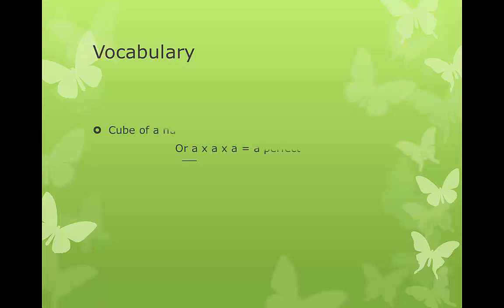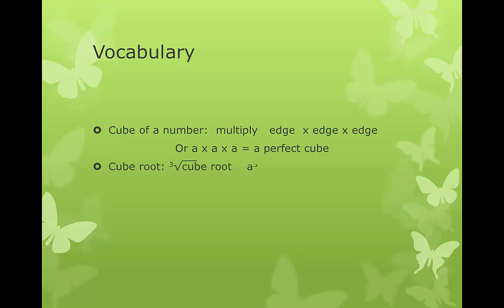Here's some vocabulary. Cube of a number is to multiply the edge times edge times edge, or A times A times A equals a perfect cube. The cube root symbol is the root symbol with a 3 next to it, and it will say cube root.